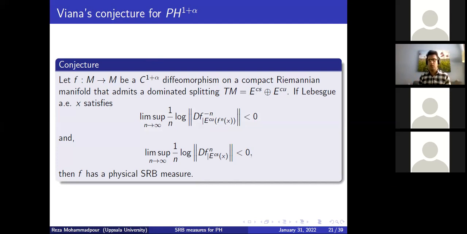In the case of a partially hyperbolic system, it means that the largest Lyapunov exponent in the E^cs direction is negative, which is written here. And the smallest Lyapunov exponent in the E^cu direction is positive, so when you take the inverse, it should be negative.